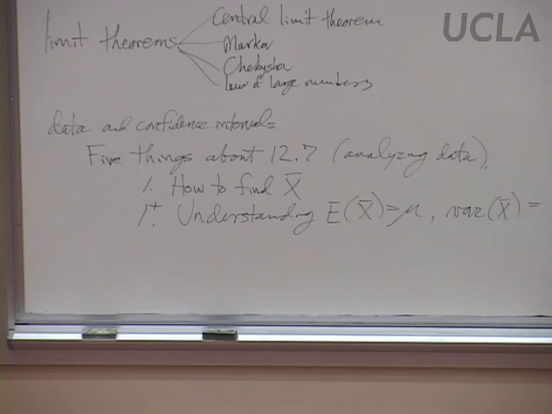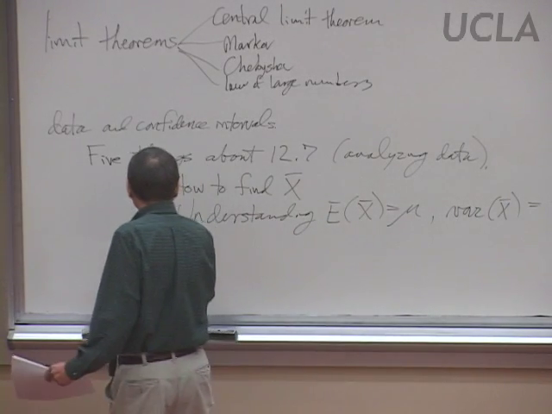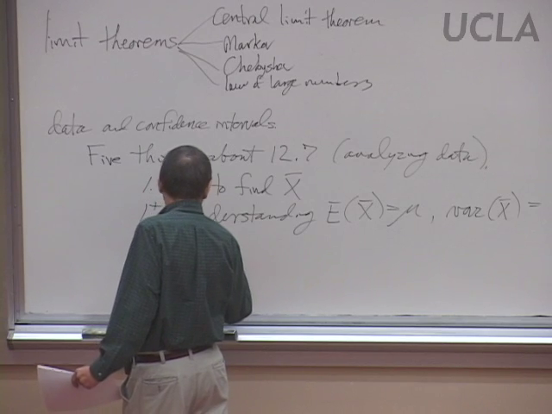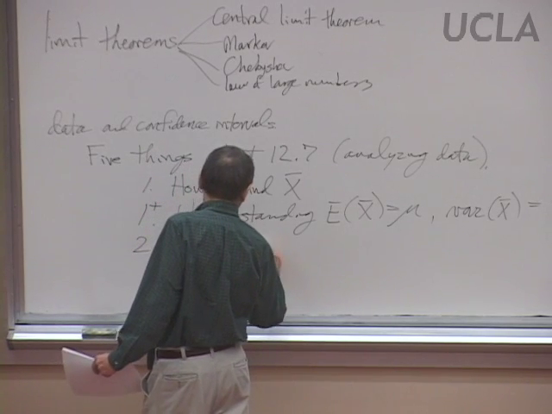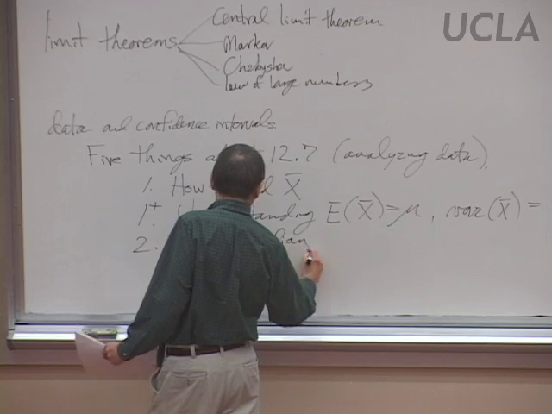So it's standard deviation of sigma over the square root of n. Then there's also the sample median, which has made a brief appearance.